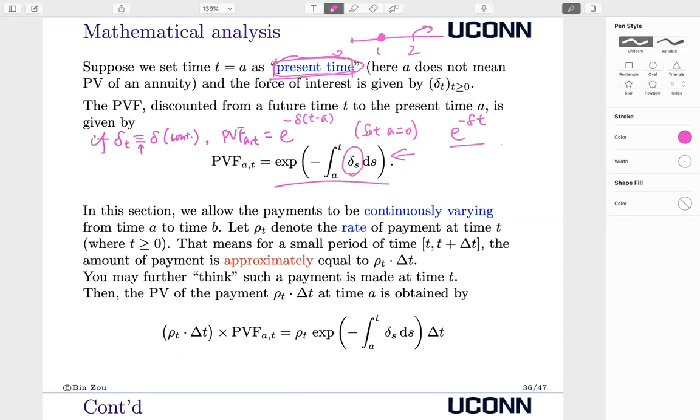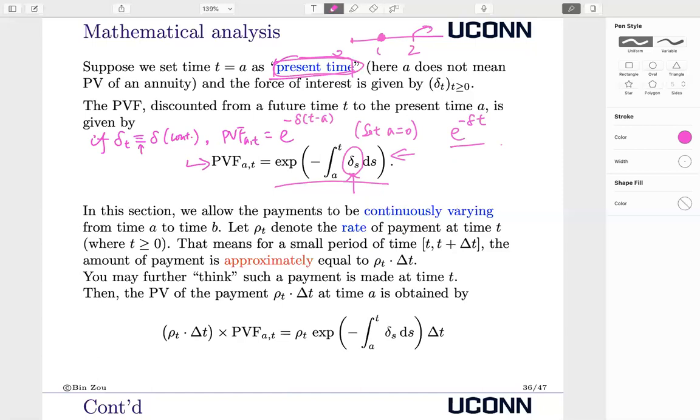This is a more general form of discounting, or general form of the PV factor. Here we can have a function for delta. I believe we did several examples in chapter 1. If you forgot, now is a good time to go back and review this PV factor.